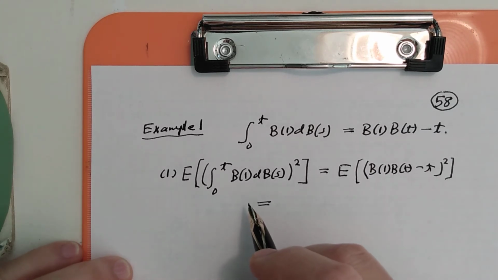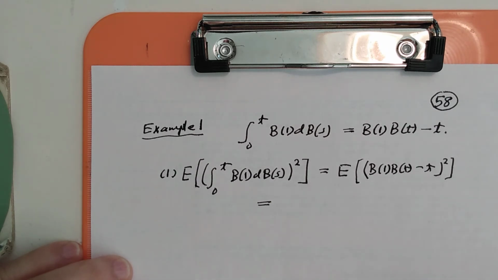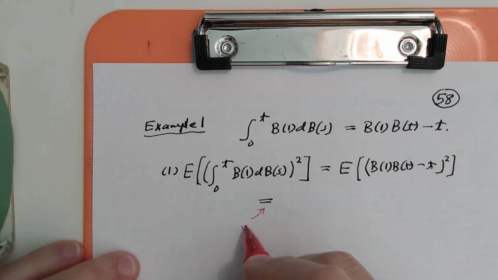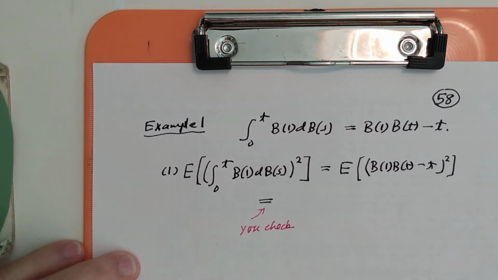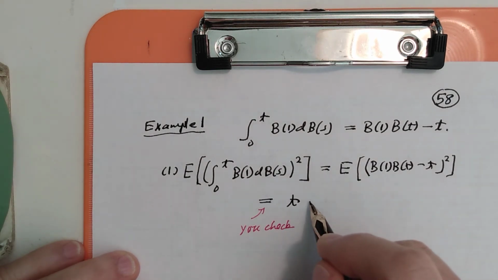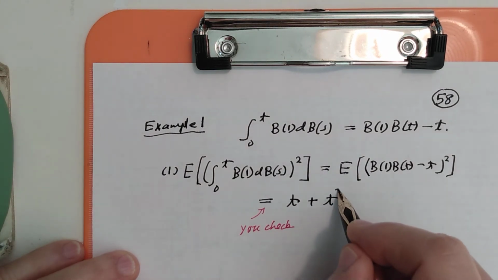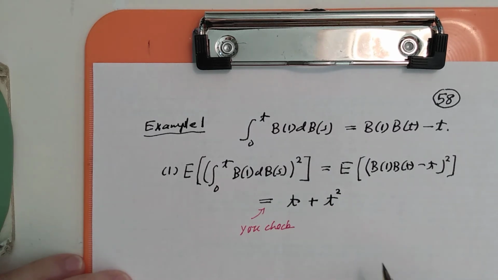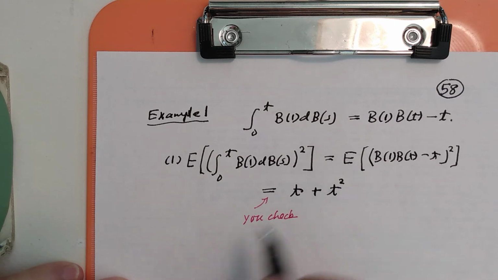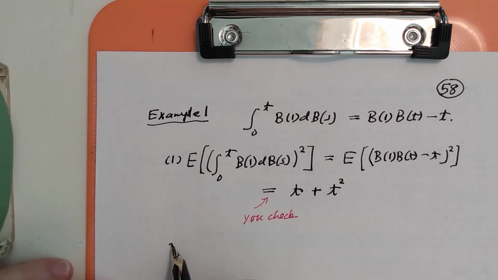And this equals to, I would like to ask you to check, equals t plus t squared. It's not very hard to check, but it is harder than 2.